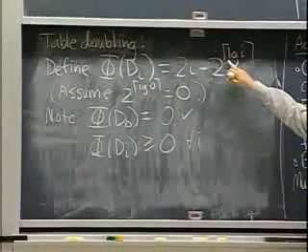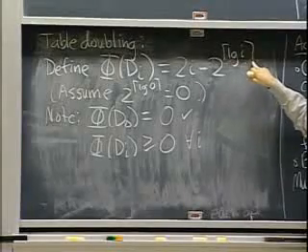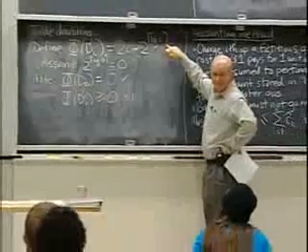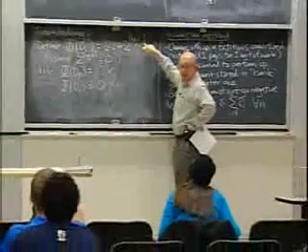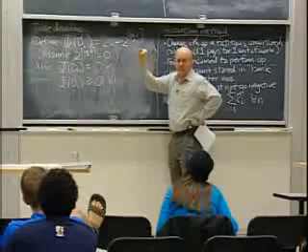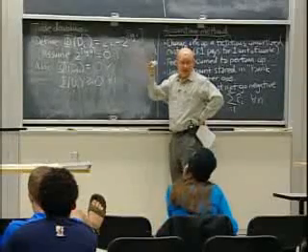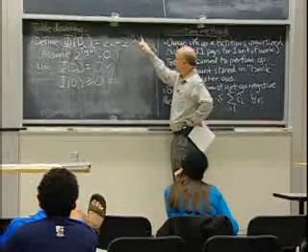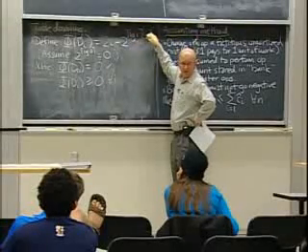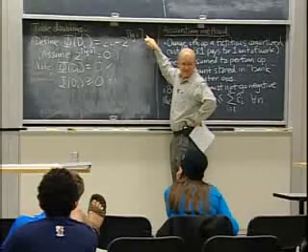So what's the biggest that ceiling of log i could be? Ceiling of log i is either log i or log i quantity plus 1. So the biggest it is log i plus 1. If it's log i plus 1, 2 to the log i plus 1 is just 2i. That's the biggest it could be. Right?